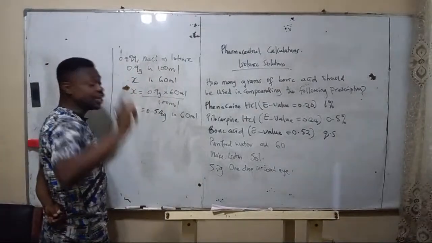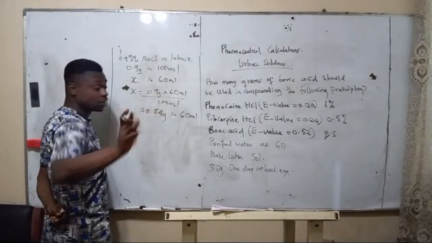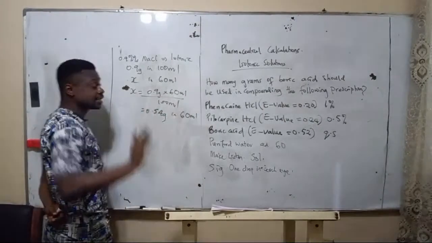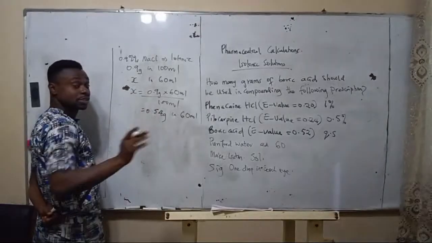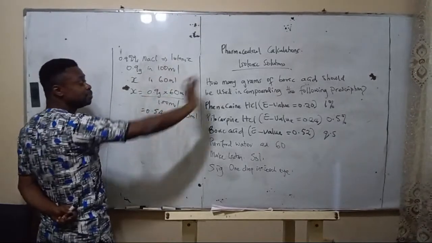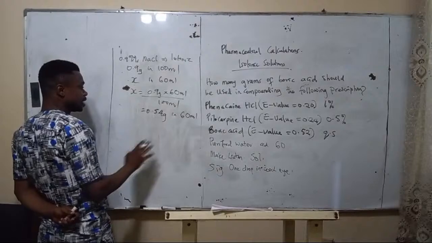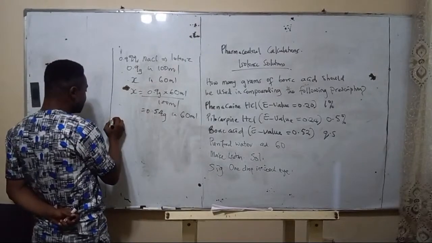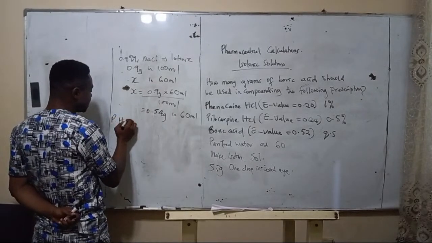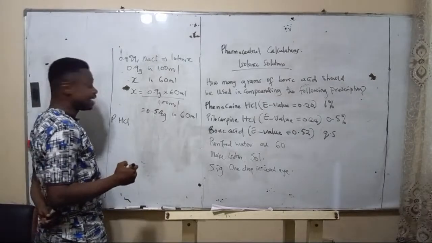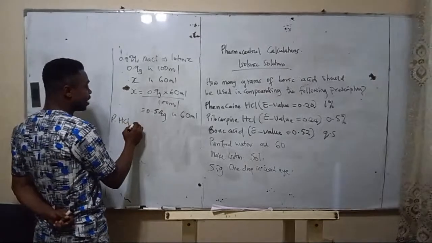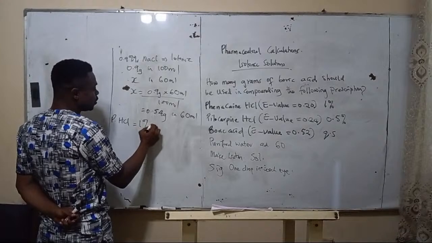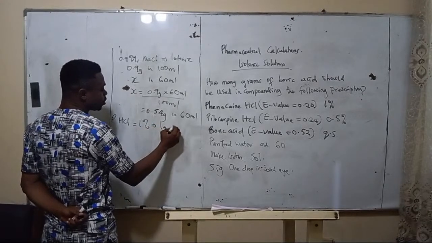This is not a standard, just for us to understand without writing too many words. Phenalkane hydrochloride is 1%, which implies 1 gram in what?